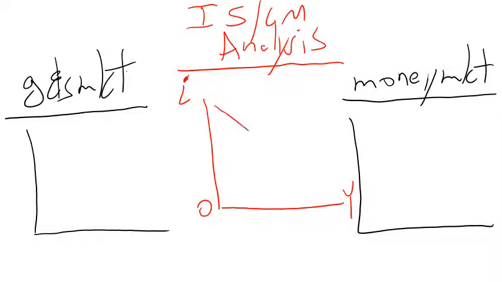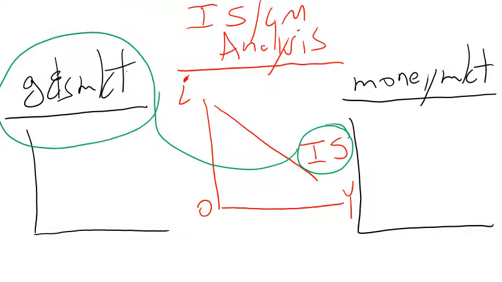This is the IS curve. Now, what is the IS curve? The IS curve is a summary of the goods and services market. All right, back to red, and this is the LM curve.